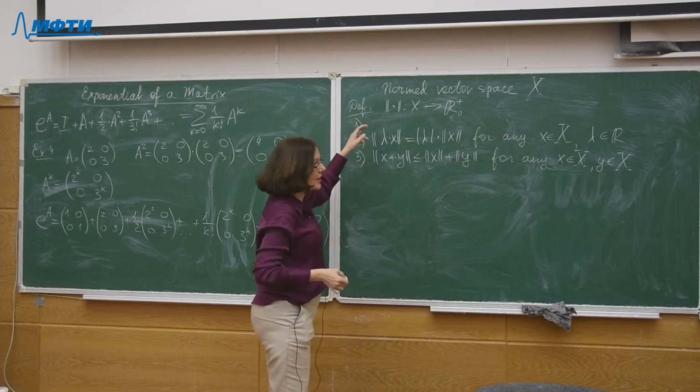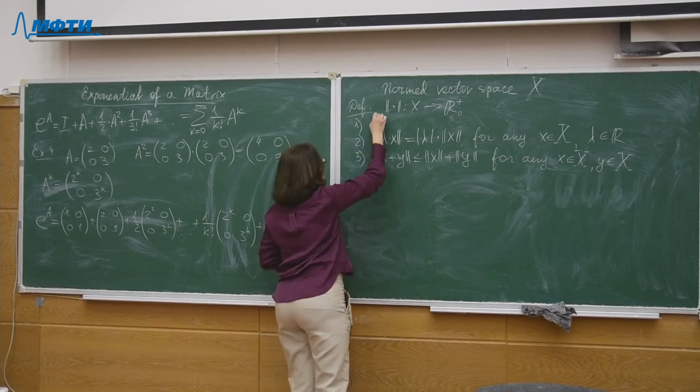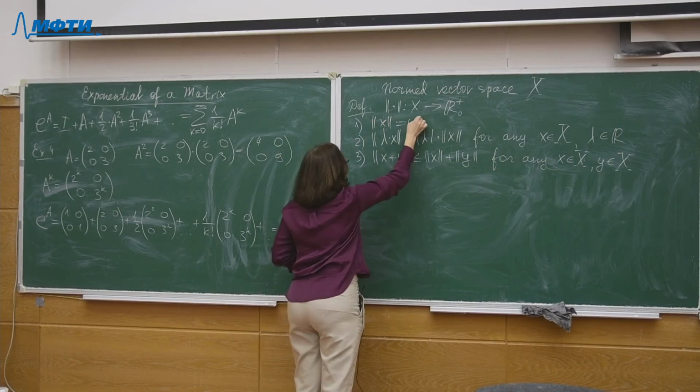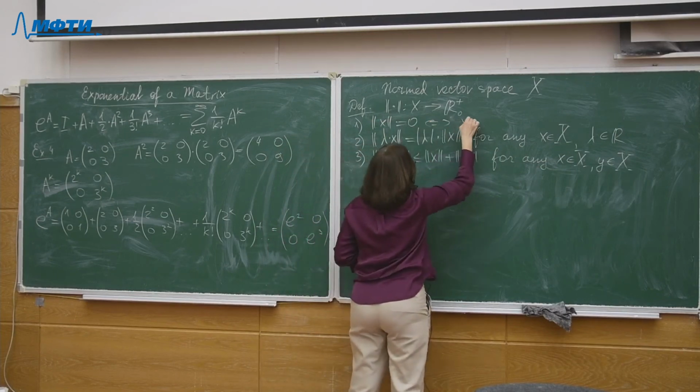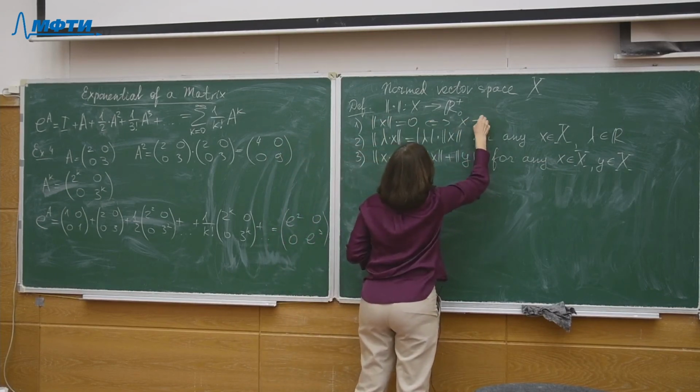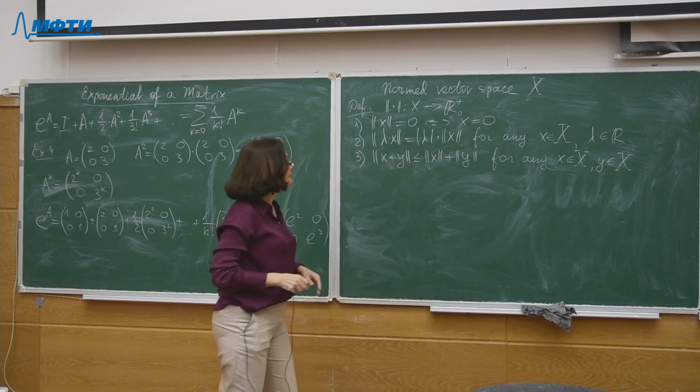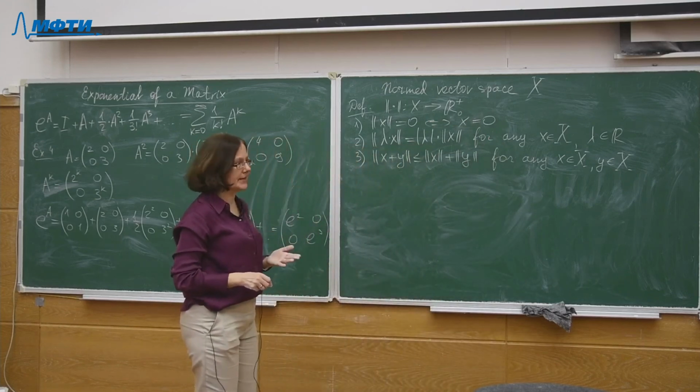And okay, positivity, right? The norm equals 0 if and only if x is the 0 vector. This is the normed vector space.